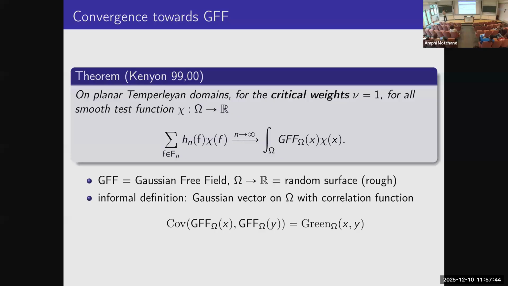And the Temperleyan boundary conditions are those where this bijection holds. It's something where you have the boundary of your domain, and then you remove one corner of the domain. And this is what is called Temperleyan boundary condition.